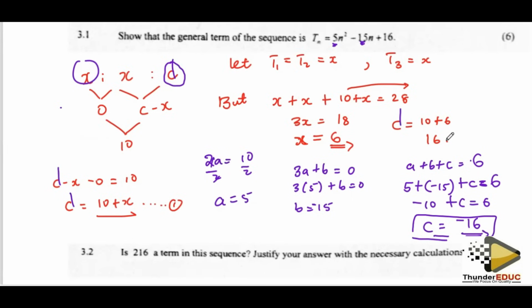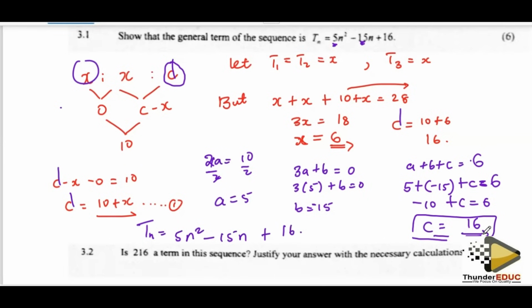We can use a d. So which means our Tn is going to be 5n squared, we have the minus 15n. Oops, why did I get a negative 16? Something is amiss here. Guys, if I move the 10 that side, it's a plus, so which means it's a positive 16.